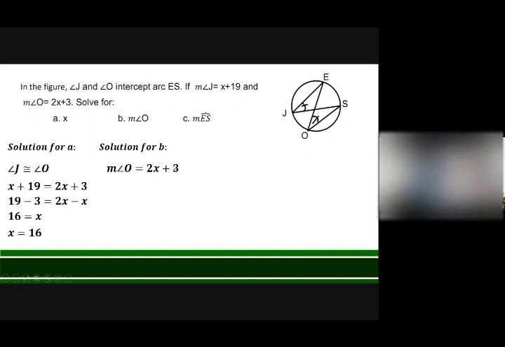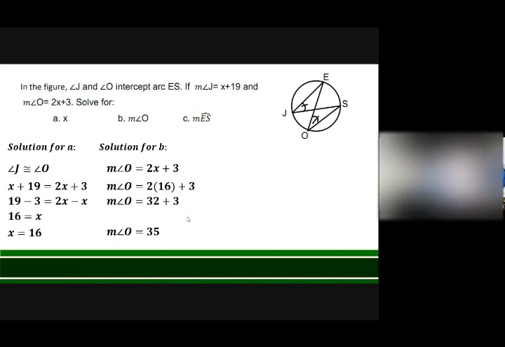So, if angle O is 2x plus 3 at ang value ng x natin ay 16, magkakaroon tayo ngayon ng 2 times 16 plus 3. 2 times 16, magkakaroon tayo ng 32 plus 3. Therefore, yung angle O na meron tayo ay 35.